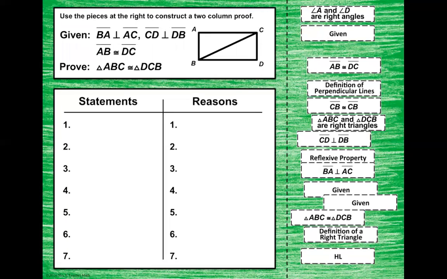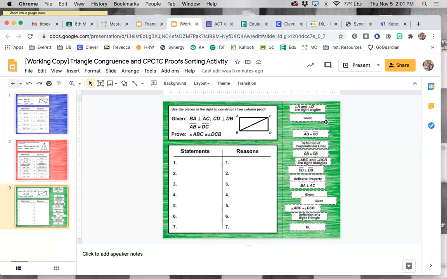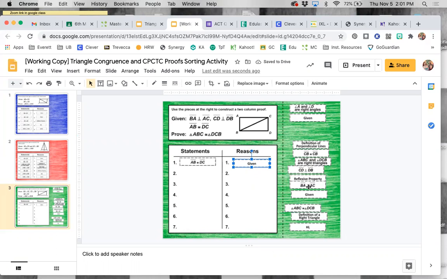All right, let's talk about how we could start with this one. What are some of the things that you put first? And that's going to be, I'm just going to put it on line 1. And what reason goes with that? Yep. What else? Very good. And what reason goes with that?